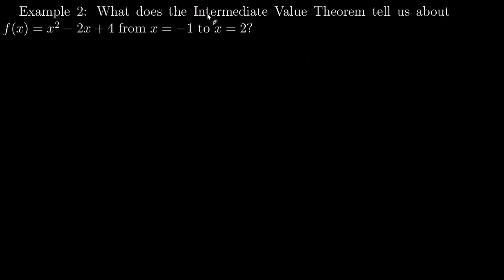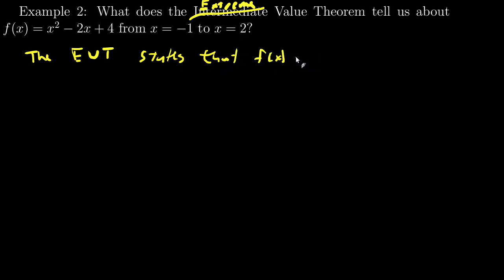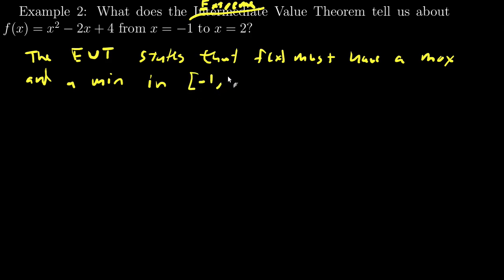So what does the extreme value theorem tell us about this? Well, the EVT basically states that f of x must have a max and a minimum somewhere in this interval, negative 1, 2.